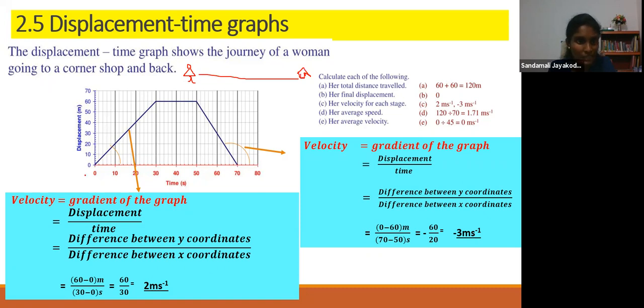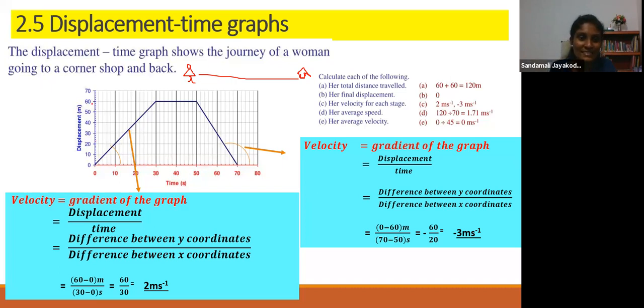Here we have some distance. What is the displacement she has done? We have to assume that she is going along a straight line path, because it is a displacement, without turning at all, that means along a straight line.